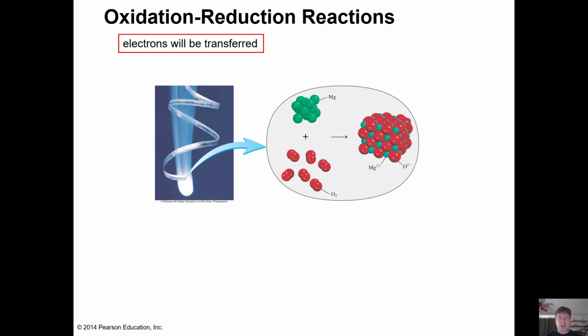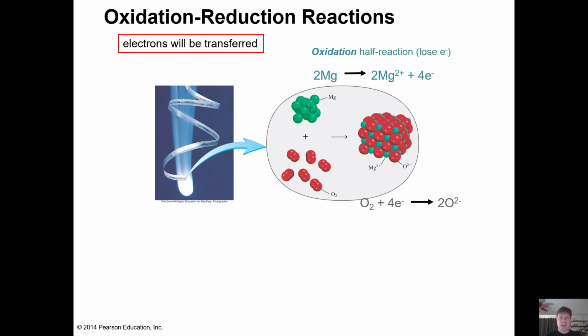Okay, so just the summary of oxidation reduction reactions. We have a transfer of electrons in these reactions. Here we're showing this reaction where we have magnesium reacting with oxygen. Again, two elements initially, and then they form a compound. The magnesium is forming magnesium ions, so that's an oxidation.